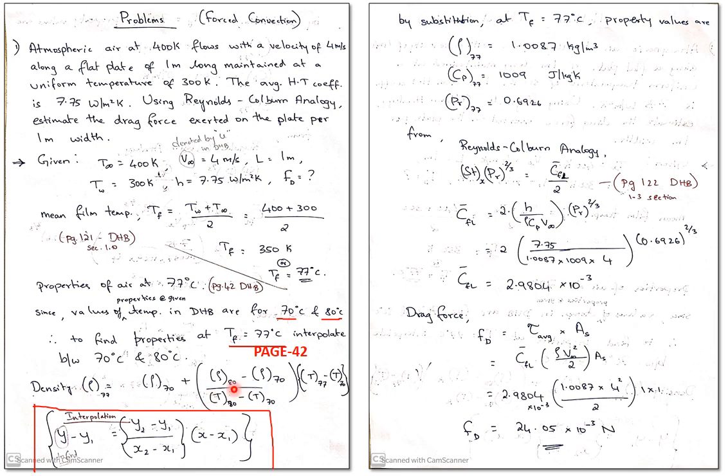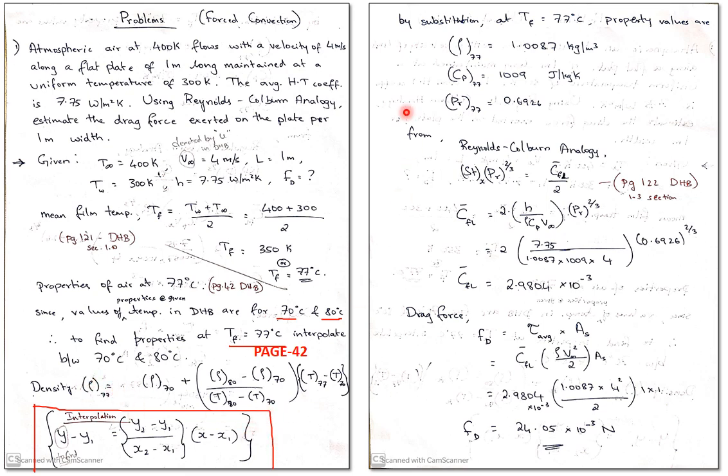This is very much important, guys. Then similarly you have to find for Cp, then you have to find for Pr. The procedure remains the same. You can see the interpolation formula here. This is the formula which you have to use to find the value of Y. Y means density. Clear?